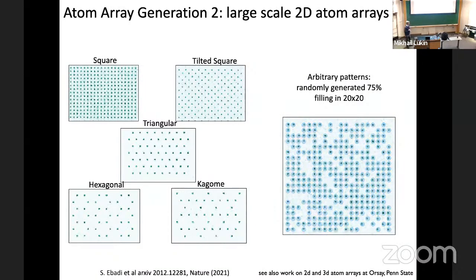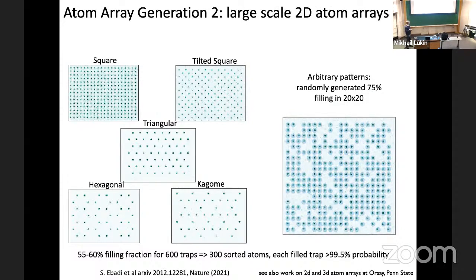In practice, we can create arrays of up to about 300 sorted atoms. And if we tune everything optimally, each trap is filled with 99.5% probability. 99 is standard, and we can push it a little bit more if we want.